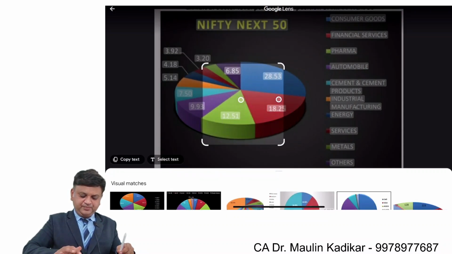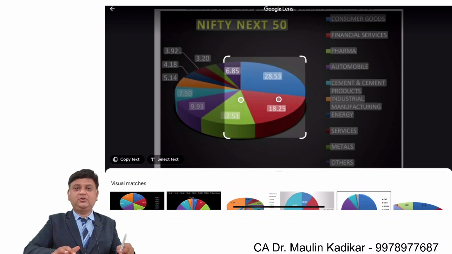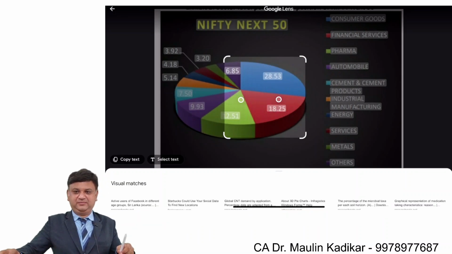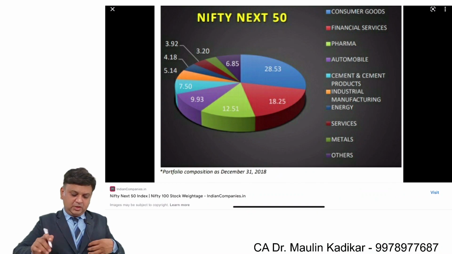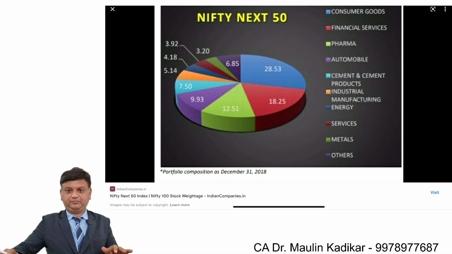This is the way you can see that all the different sectors are included, that is, stocks of the different sectors are included in the calculation of the Nifty value. The proportion is also provided to us, and the individual sector-wise information is also given to us.